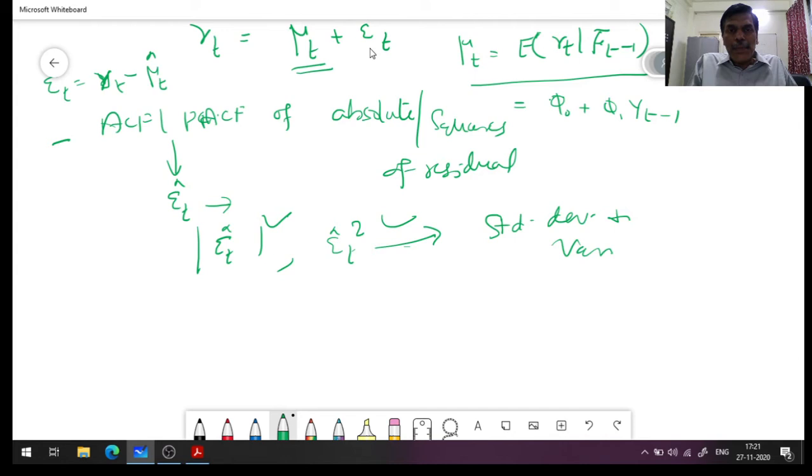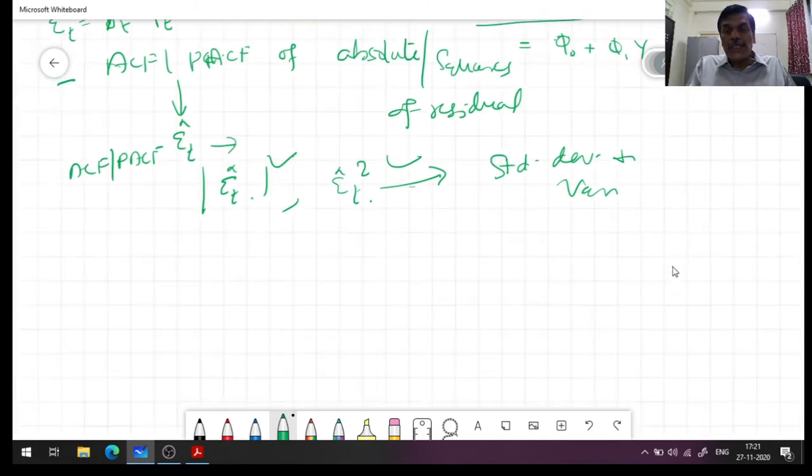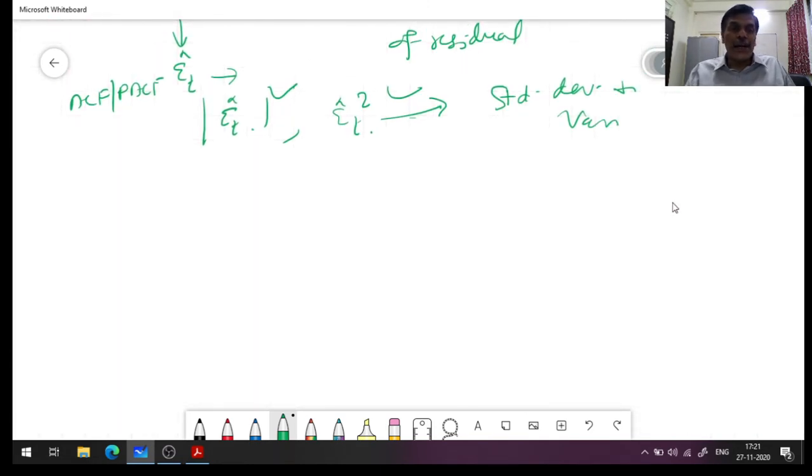Because it may appear that the ACF and PACF of epsilon t hat are well within the upper and lower limits, but this one and this one turn out to be significant. That shows there is a need for conditional heteroscedastic modeling.